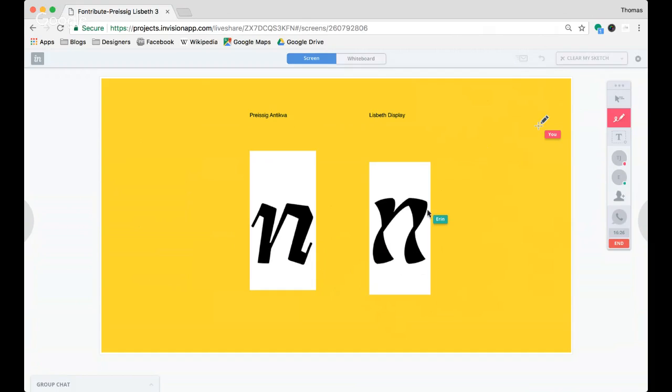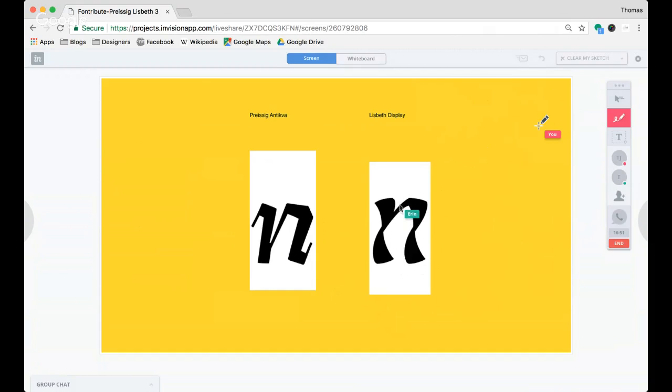Also to note, even though they have a lot of differences, Preissig is less repetitious. There's a lot of different angles going on. Things aren't treated exactly the same. This angle is different from what's happening over here. But it's cool to see that they're both similar in using contrast.